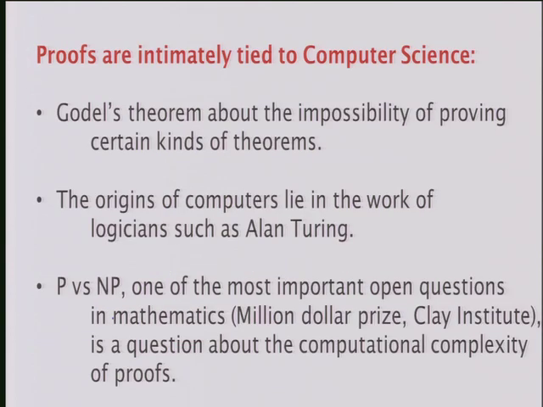Okay, so I said before that proofs are intimately tied to computer science. In fact, I cannot stress enough how intimately it's tied to computer science. So early in the 20th century, logicians were trying to formalize what it meant to prove something. And the reason that they were trying to formalize it is because, well, it's the reason you do anything. It's because there was a catastrophe. There were problems in logic, and there were these big monsters that people showed existed in logic, and so they wanted to rule them out.